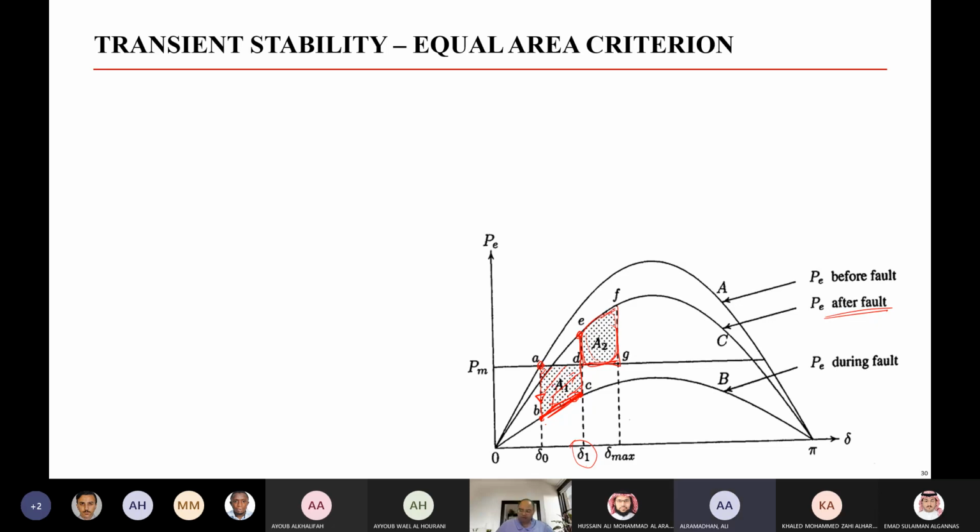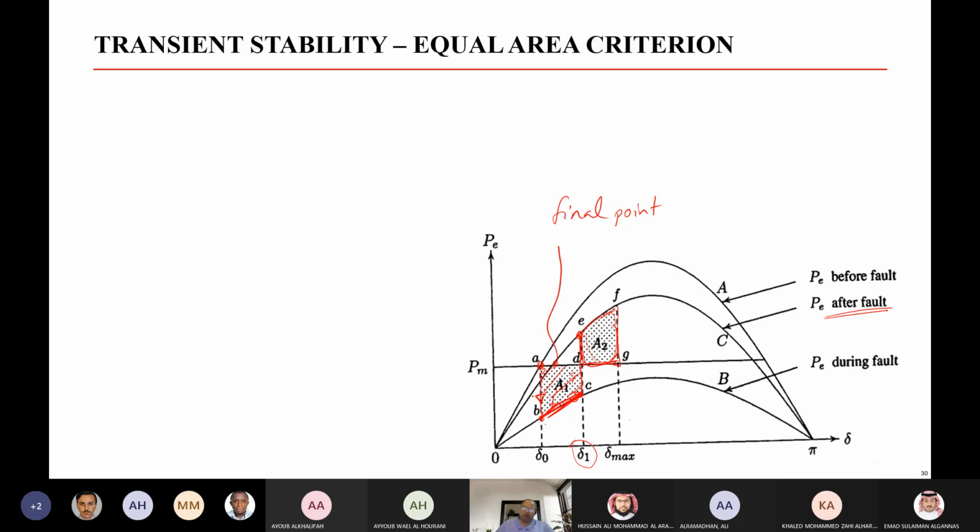Okay, Hussein? It will be between point A and D. Here. Yes, this is the final point, the steady state point.